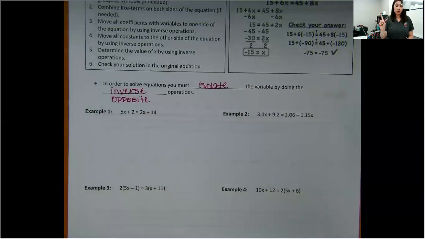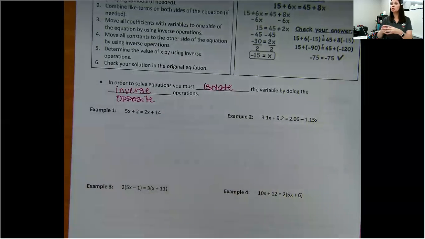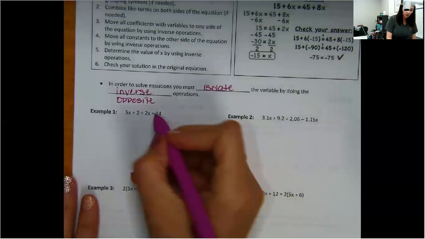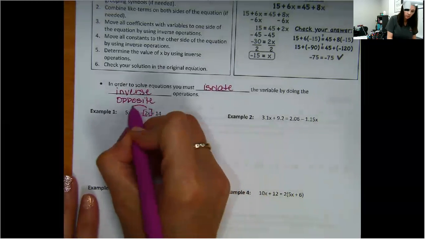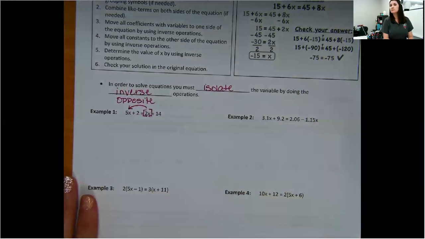The next thing that I want you to understand is we are moving the full term of 2x, not just the number. You're used to dividing by a coefficient, but with these problems, at the beginning, we're going to take the whole term of 2x and move it to the left. Is our 2x positive or negative? Positive.